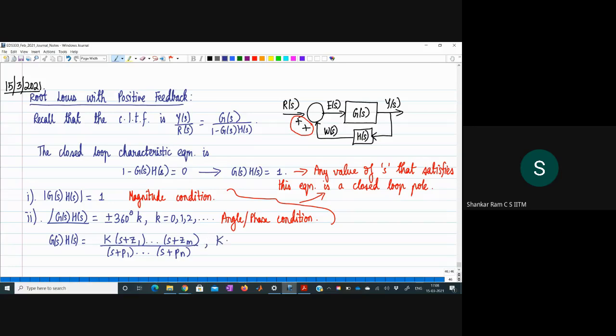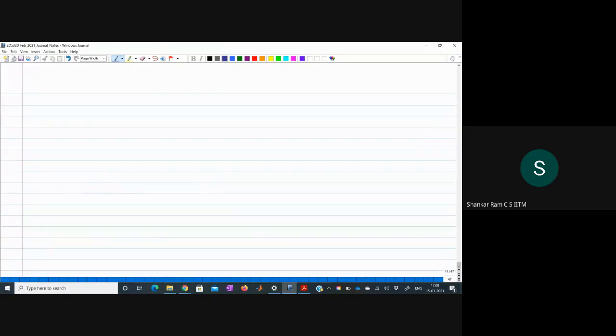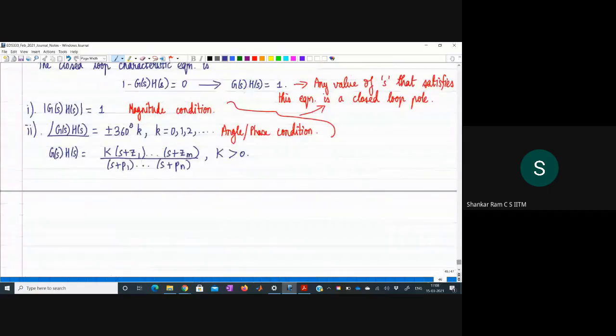Okay, and we shall consider the case where K is positive, so K is greater than 0. Now the question we are going to ask ourselves is, how do we draw or construct the root locus for this particular case, that is, when we have positive feedback and the open loop transfer function is representable in the same structure as before, in terms of open loop poles and open loop zeros?